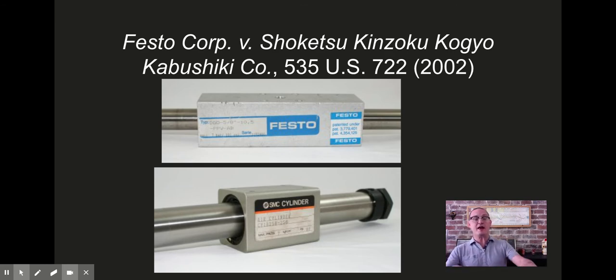Those were changes made in order for the patent to issue, and therefore, if those claims don't read onto the accused product, then the accused product can't be infringing because you had to include those limitations in order to get the patent in the first place. In other words, those were necessary in order for the patent to issue.